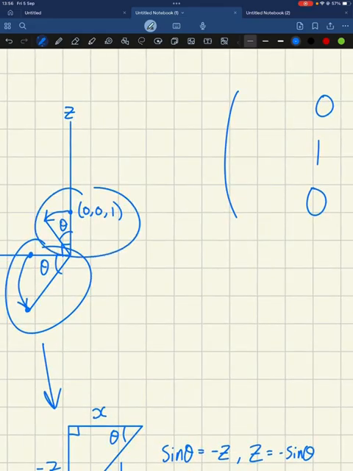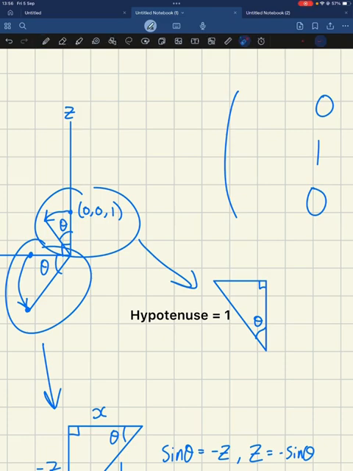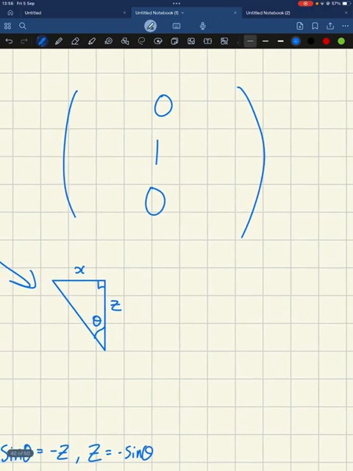Now this triangle, z-axis, x-axis. The x-axis is this way, so that's going to be x, and that's going to be z. Now again, just some trigonometry. Cosine of theta is z, sine theta is x. So our x, y, z will be sine theta, 0, cos theta.